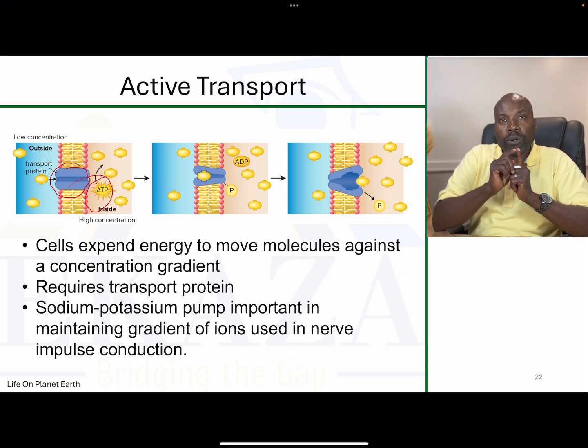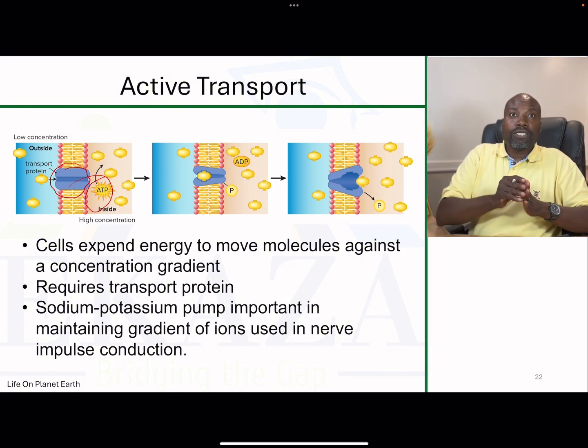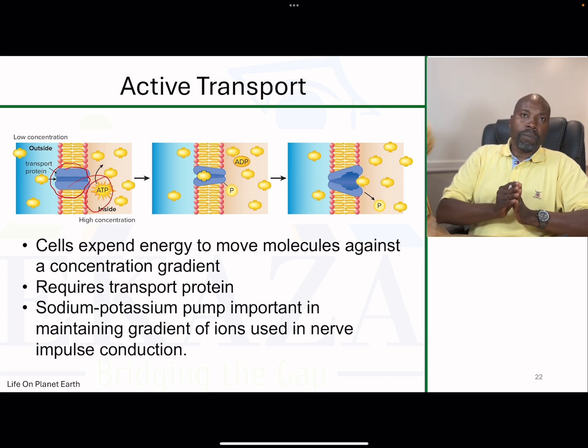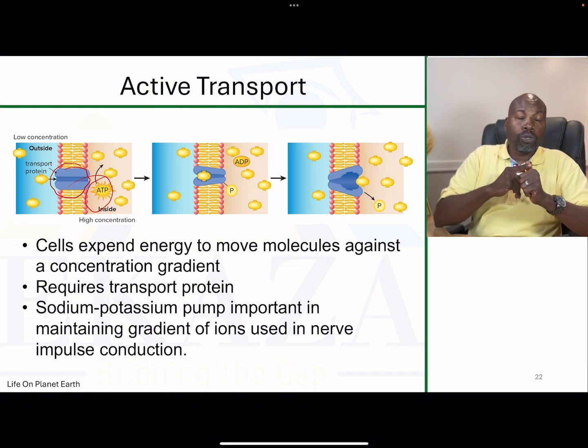And these transport proteins are going to carry substances based on the shape of the transporter. Okay? Which means that these transporters are going to be specific, right? One that is able to transport amino acids will not know how to transport nucleotides, and so on, right?